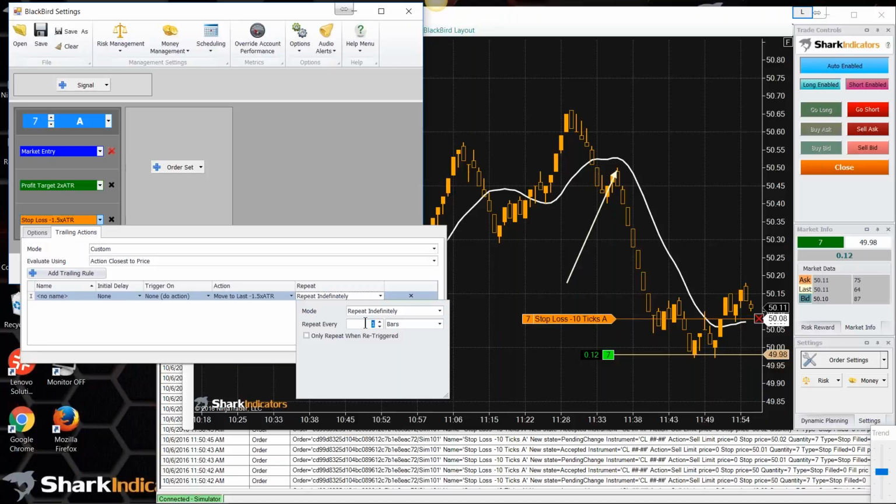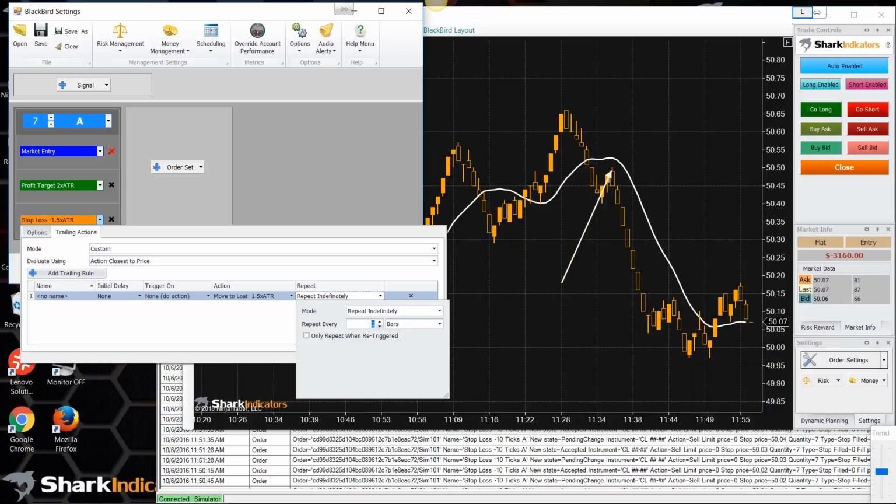So typically, if you're using an indicator to set your stop loss price, or if you're using an indicator to set your profit target price, right? Typically, you only want your orders to move once per bar. Right?